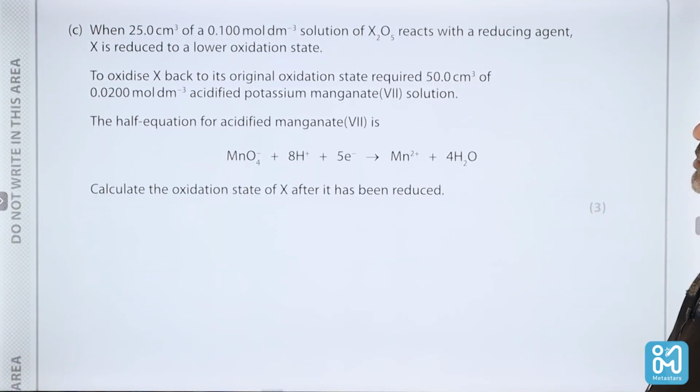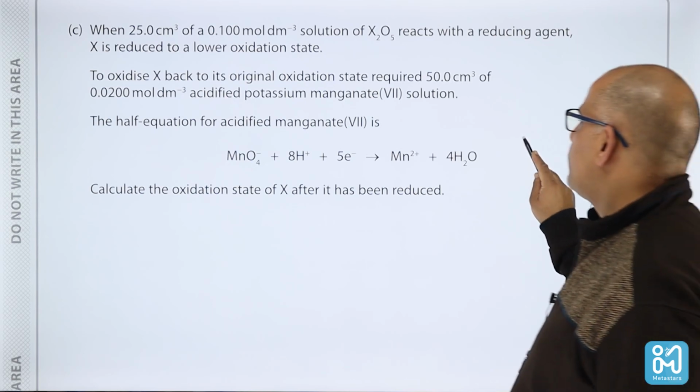for the next question, when 25 cubic centimeters of 0.1 mole per cubic decimeter solution of X2O5 reacts with a reducing agent, X is reduced to a lower oxidation state. To oxidize X back to its original oxidation state requires 50 cubic centimeters of 0.2 mole per cubic decimeter potassium manganate solution.